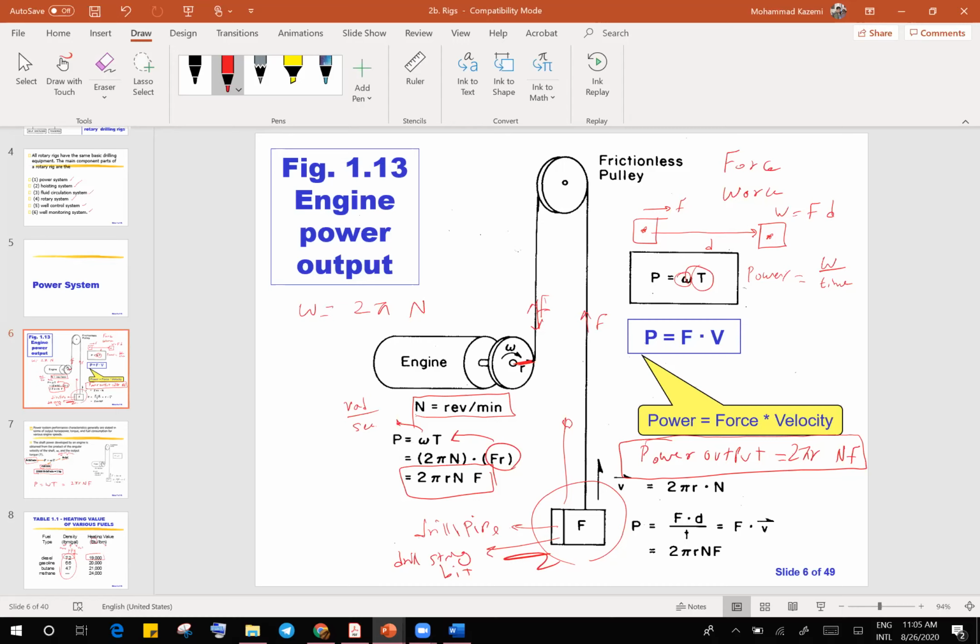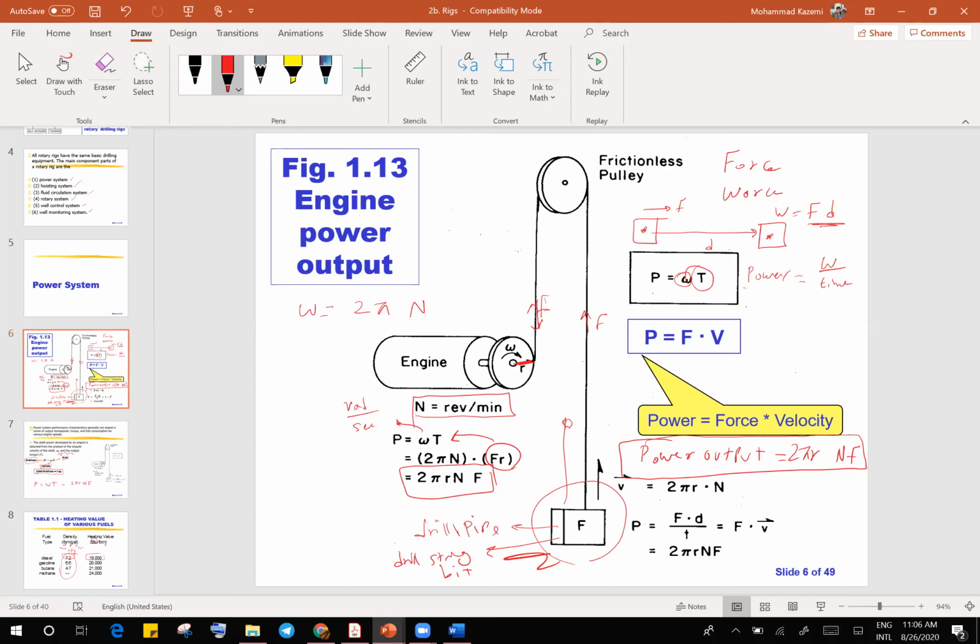So we say that Cayman has more power than me, okay? Power includes the time that the force is applied to do the same work, right? And work is defined as force multiplied by distance, right? So that's the difference between power and force.